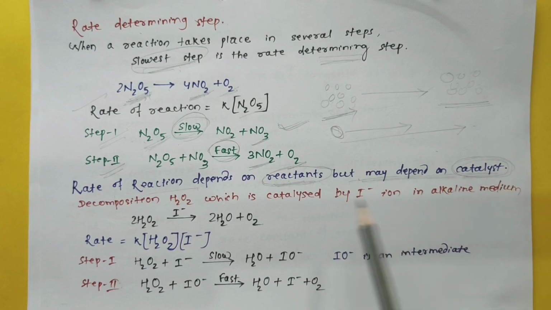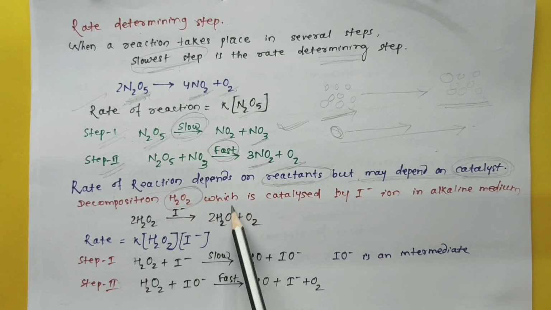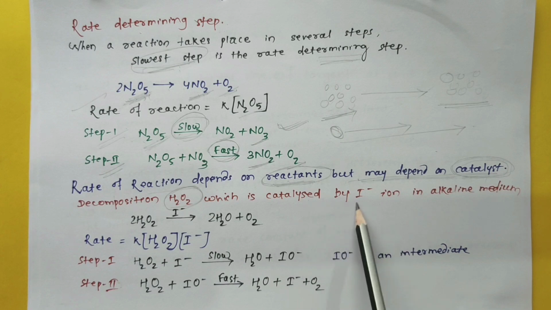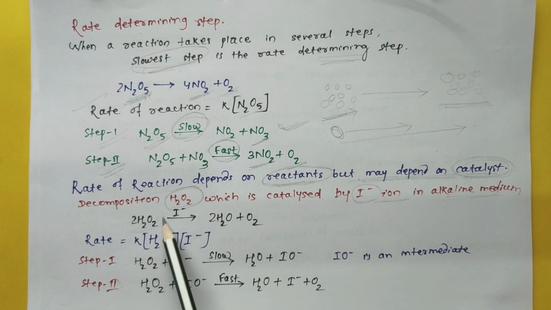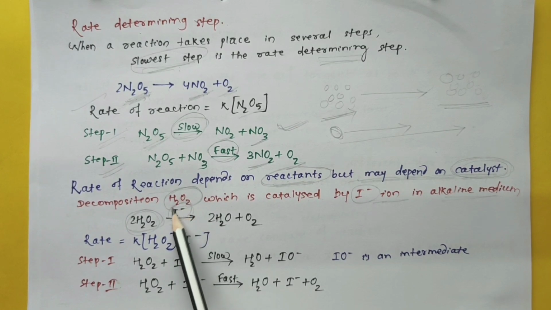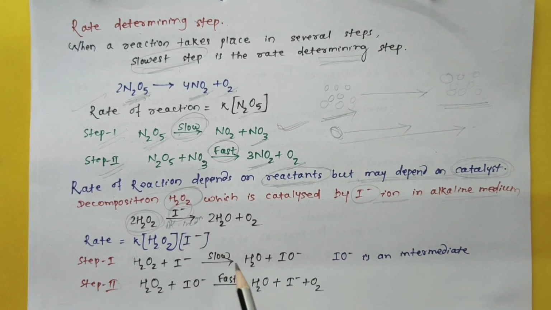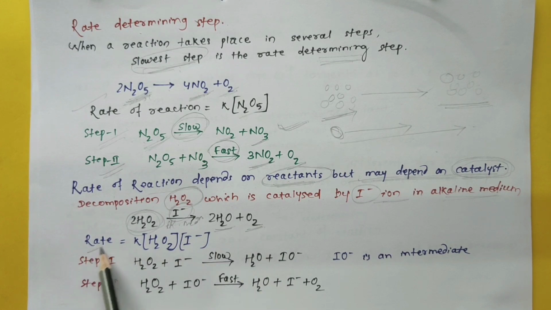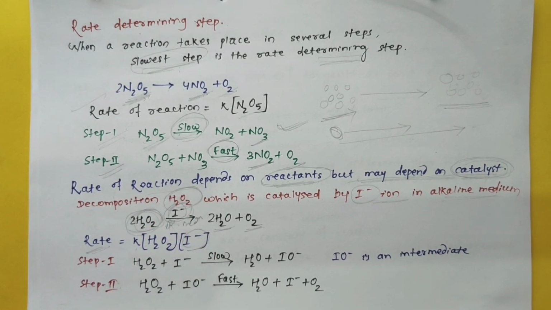You see here, the example is decomposition of hydrogen peroxide which is catalyzed by iodide ion in alkaline medium. 2 molecules of hydrogen peroxide in presence of iodide ion in alkaline medium form 2H2O and O2. Here the rate is equal to K into concentration of hydrogen peroxide into concentration of iodide.